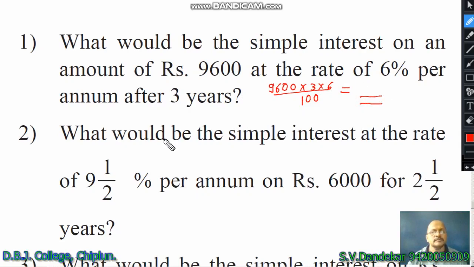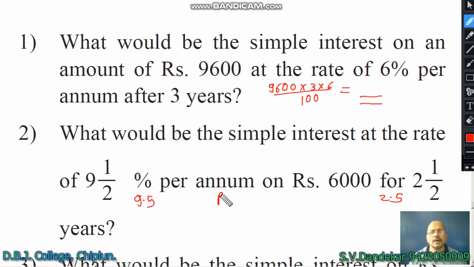Second question, what would be simple interest at the rate 9.5% per annum on 6,000 rupees for 2.5 years? Now 9.5 means 9.5 and 2.5 means 2.5.